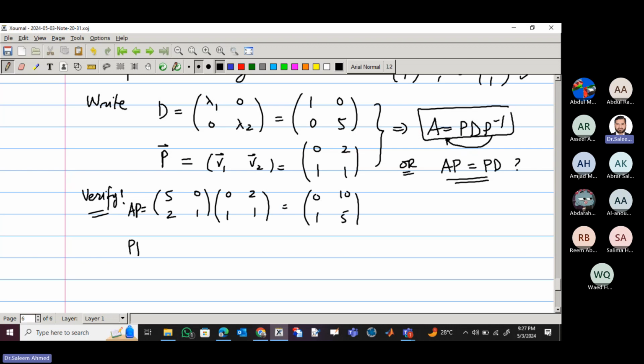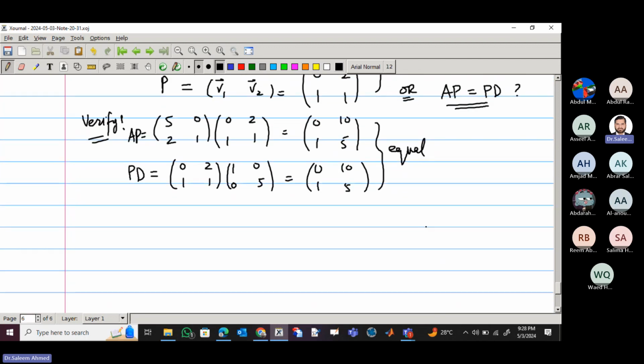Now multiply P with D. P is 0, 2, 1, 1. And with D, D is 1, 0, 0, 5. It should give you the same answer. 0 plus 0, 0 plus 10, 1 plus 0, and 1, 0 plus 5. So see, both are equal, right? So this is a verification. No need to verify.